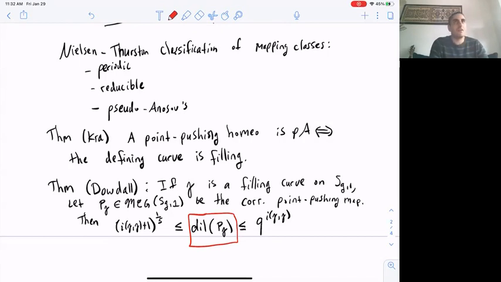But Jonah and I were wondering, well, what if you just choose a point pushing map at random? Are these issues that theoretically come up in Spencer's argument, will they arise then in the generic case? So we wanted to study a random model for a point pushing homeomorphism.